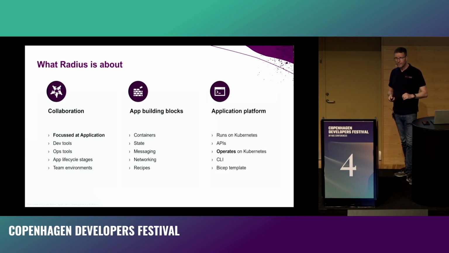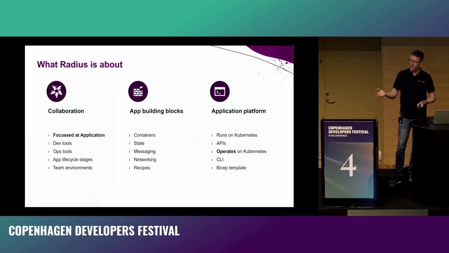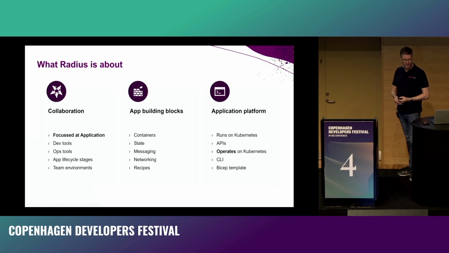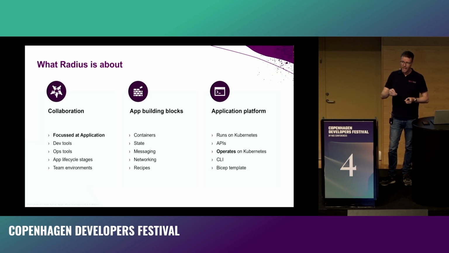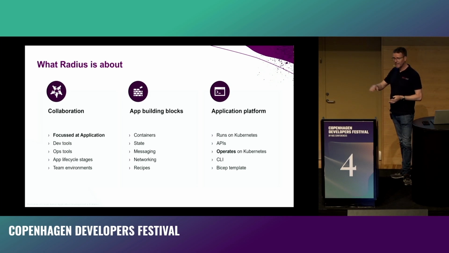Radius itself runs on Kubernetes. That means that you need a Kubernetes cluster somewhere. This is where the operations bit comes in, of course. So you need that first. Then you can install Radius on it, and then it exposes APIs. If you talk to those APIs, you can make stuff run on that same Kubernetes cluster.